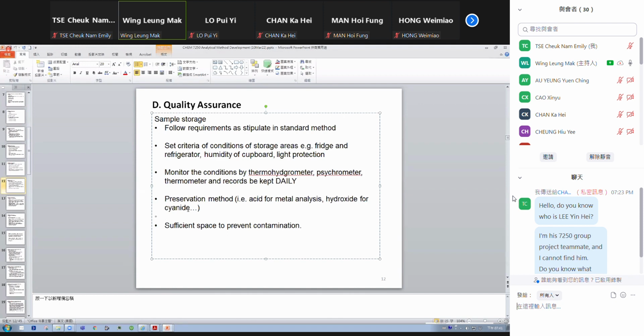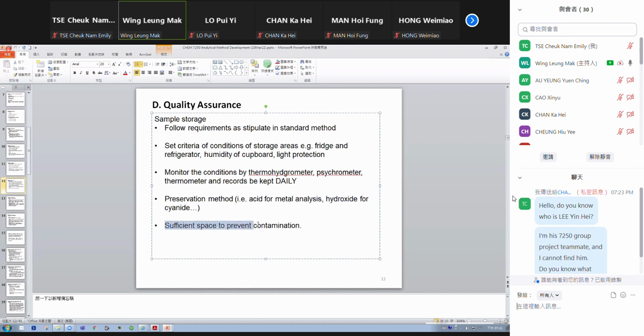For cyanide, cyanide cannot touch any acid. When you add acid to cyanide, it will give toxic HCN gas, okay? Hydrogen cyanide gas. So to preserve the cyanide, you will need to use some hydroxide base, okay?